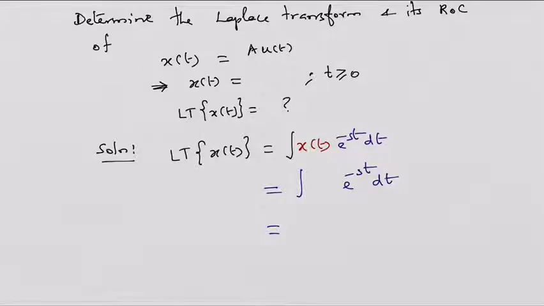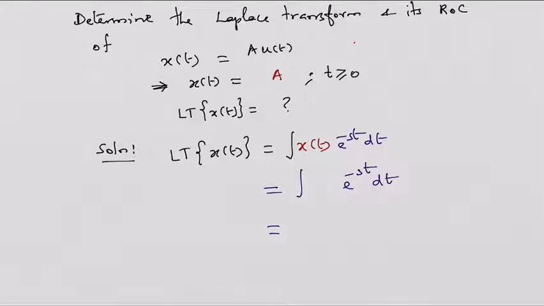When you represent any signal a into u of t, or any expression multiplied by u of t, it is normally considered as the expression only for the time duration from t greater than or equal to 0 onwards.